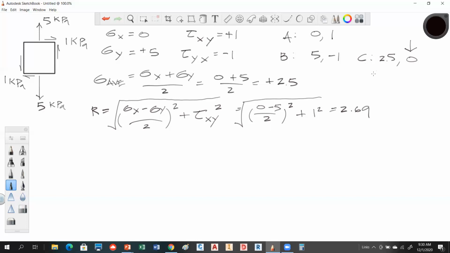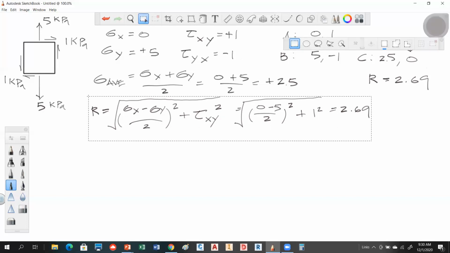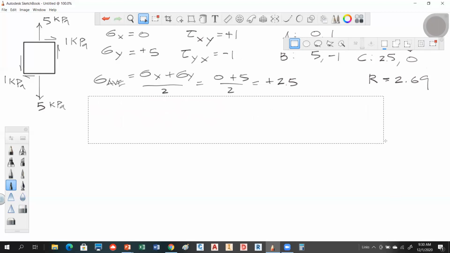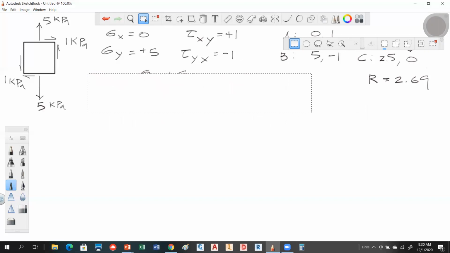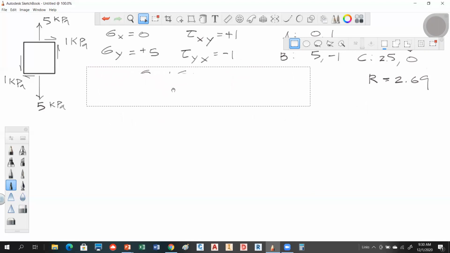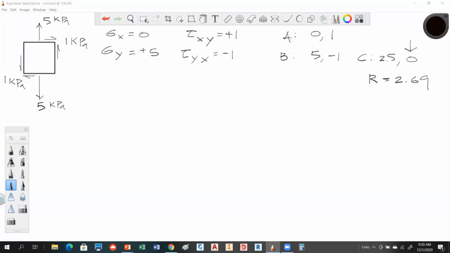I'm going to put R up here because I need to have room to work. And let me go ahead and erase this, and then we can construct Mohr's circle. I'm going to move this over here too, so that you know where that came from, but we're just going to have it as a value sitting up here.